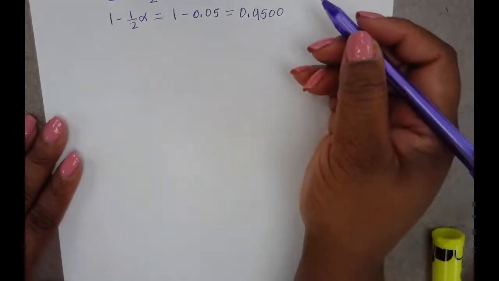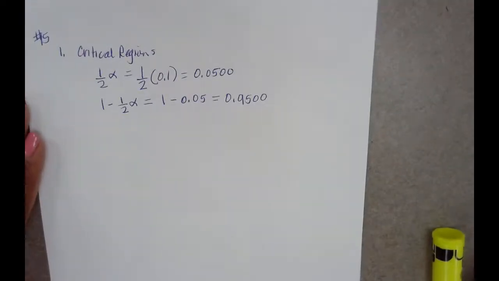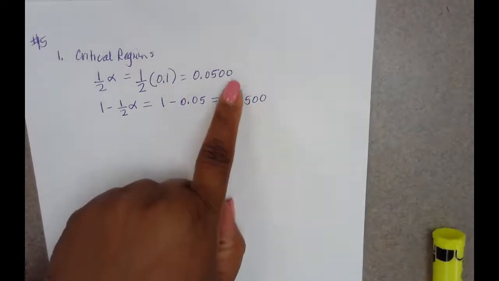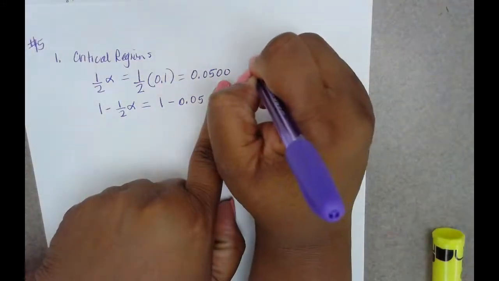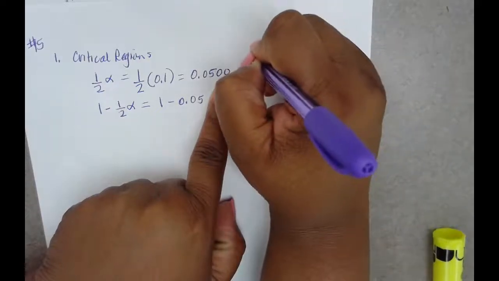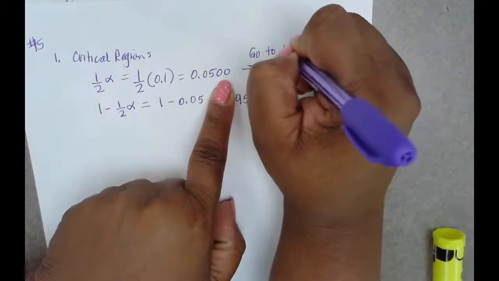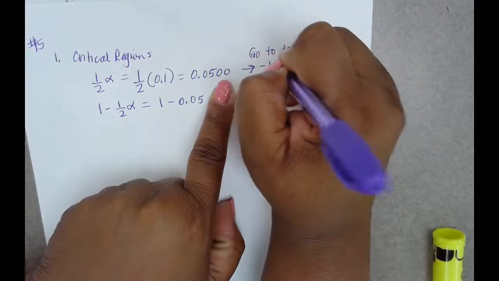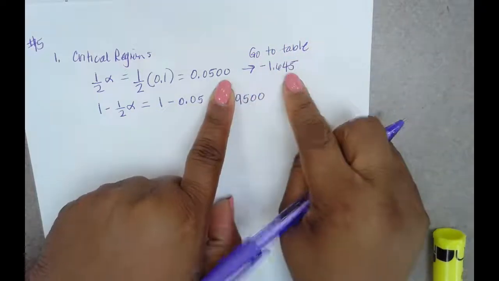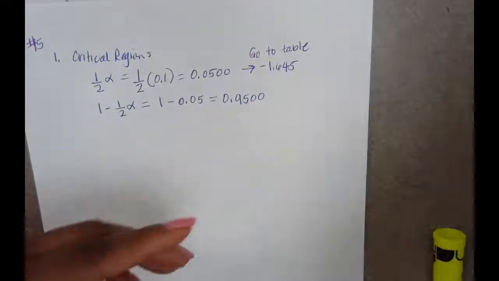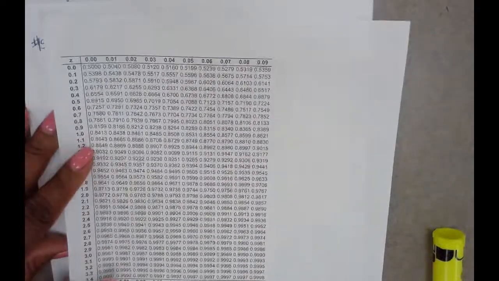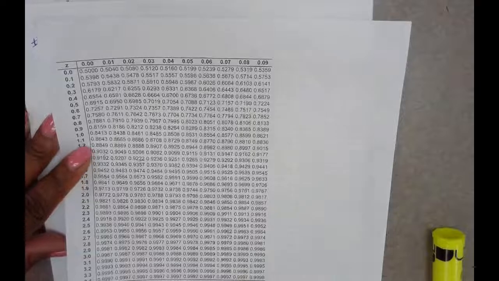I can confirm on the other side, because we're getting this from the table. I'm getting negative 1.645 here. I should get the positive. Let's confirm it. So I'm looking for 0.9500.